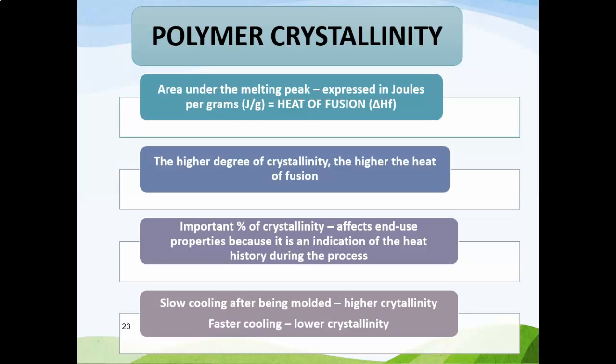And if we choose fast cooling, we will get larger crystals, which tend to produce lower crystallinity. So slow cooling will produce small crystals, which means better crystallinity, and fast cooling will produce big crystals, which will lead to a lower crystallinity percentage.